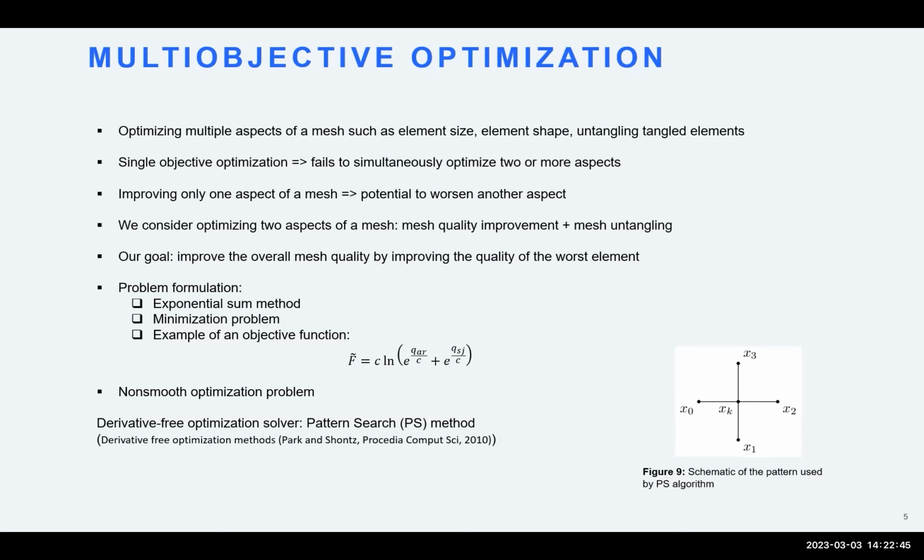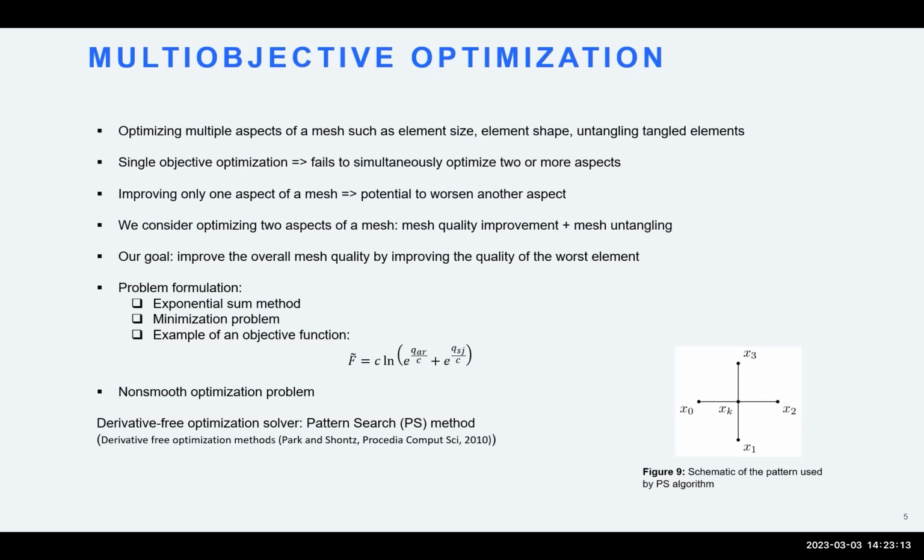Could be a good thing because if you have a solver that can handle non-smooth objective functions, then you can use that solver for smooth objective functions as well, but it's not going to work the other way around. So for that matter, we use a derivative-free optimization solver called the pattern search method, which was first proposed by the paper that is cited over there.